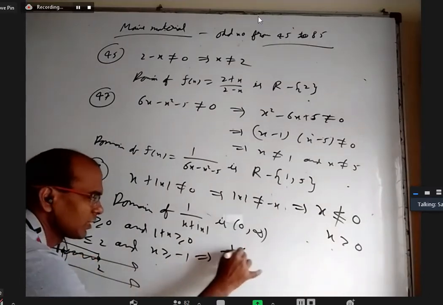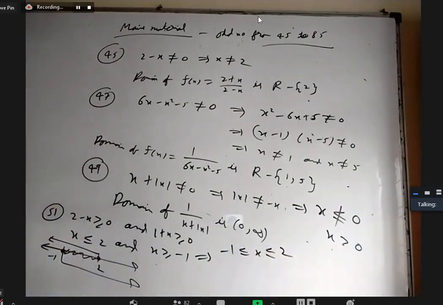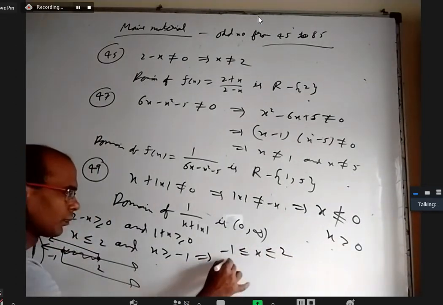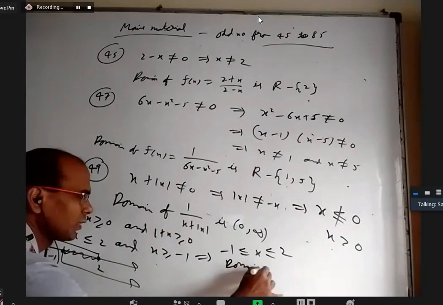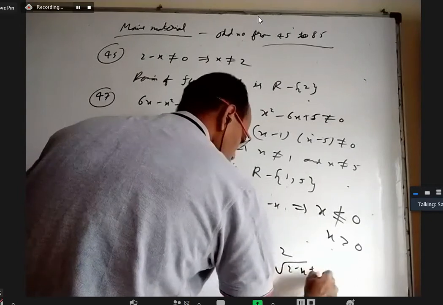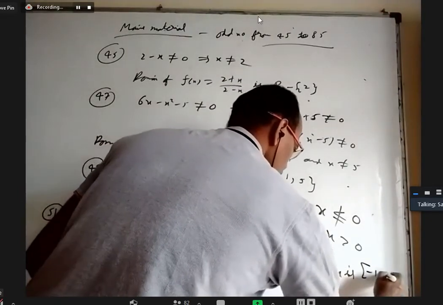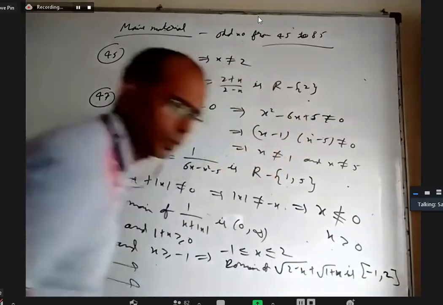So we'll get minus 1 less than or equal to x less than or equal to 2. So domain of root 2 minus x plus root 1 plus x is closed interval minus 1 to 2.